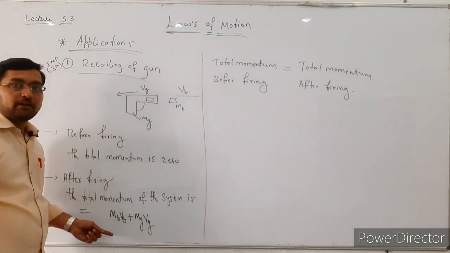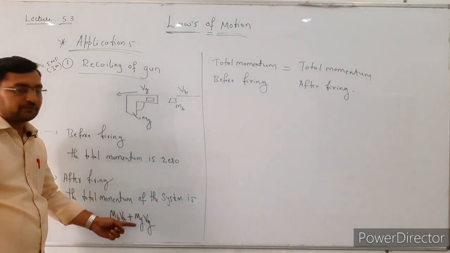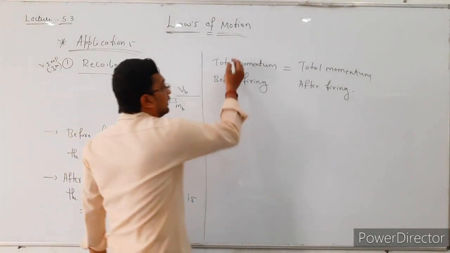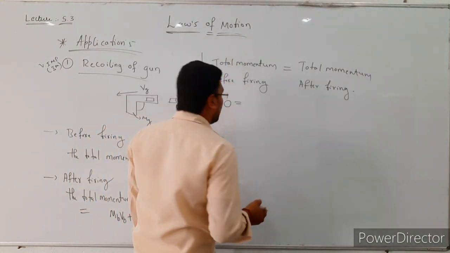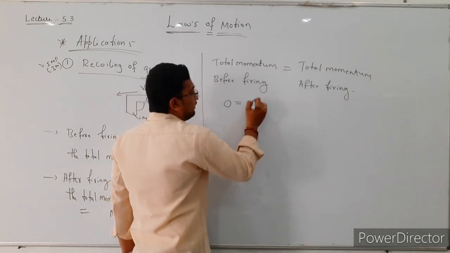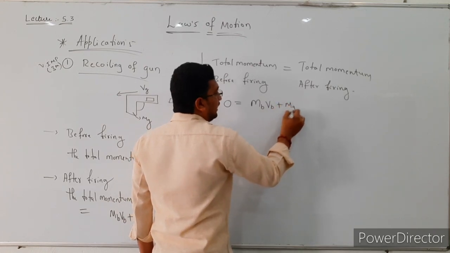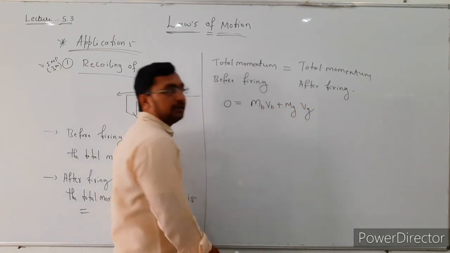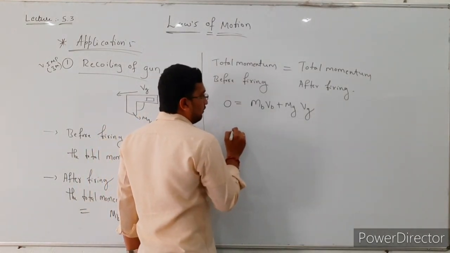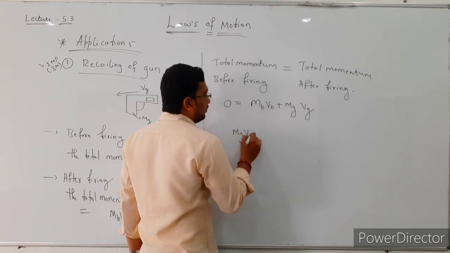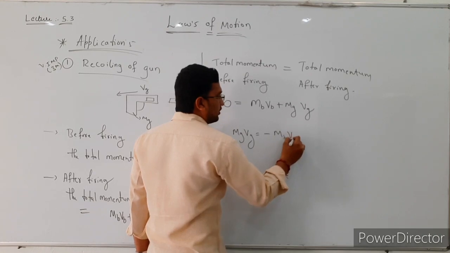The total momentum after firing is the mass of the bullet into the velocity of the bullet plus the mass of the gun into the velocity of the gun. So, rearranging the equation, the mass of the gun into the velocity of the gun is equal to minus the mass of the bullet into the velocity of the bullet.